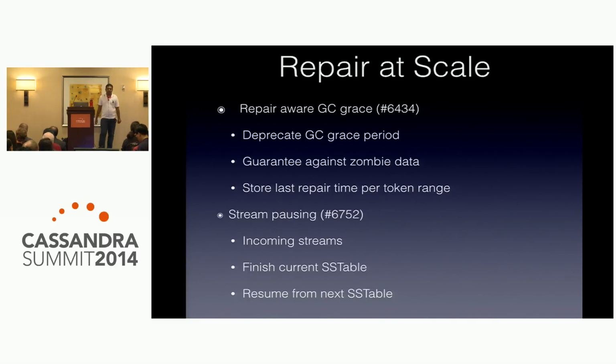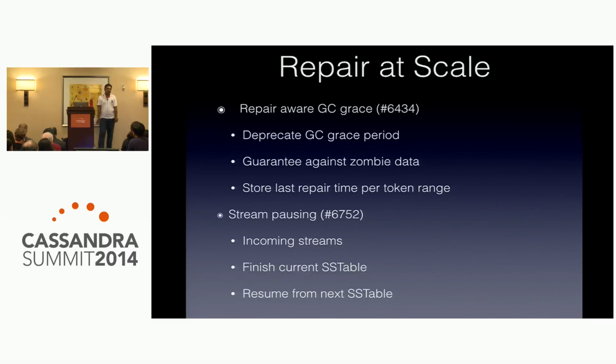What that does is it deprecates the GC grace period altogether. There won't be any GC grace. And it guarantees against zombie data. So zombie data, the data like in my previous slide, won't come up. Depending on the application, data reappearing could be very, very bad, very critical. So how we achieved it is we store the last repair time per token range.